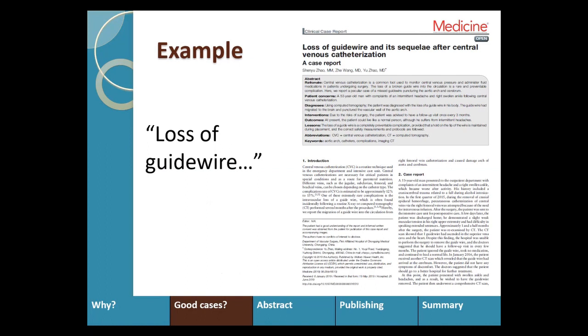Guide wires are lost quite often in placing a central line. And I think the incidence is on the order of hundreds of times a year. So it's not an uncommon occurrence, but it's important enough that it merited writing up a case report, as was published here.